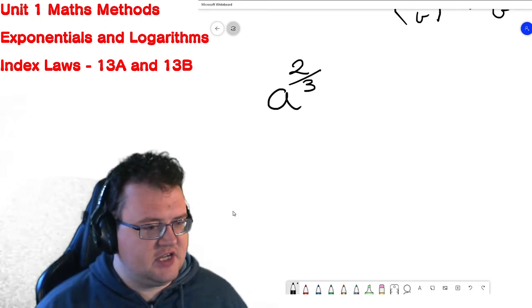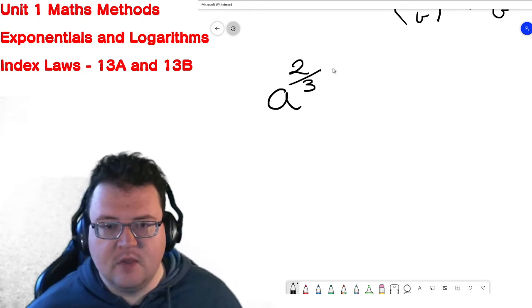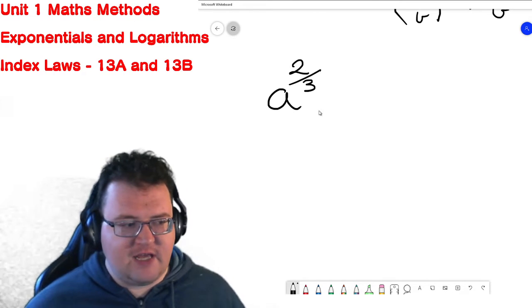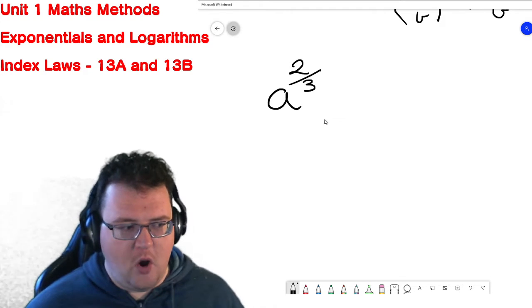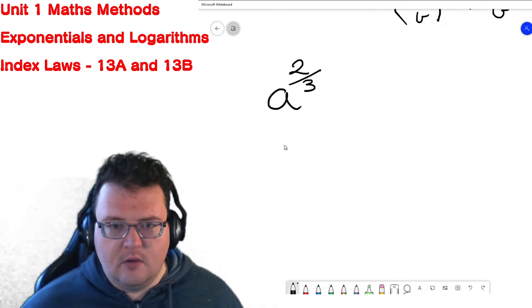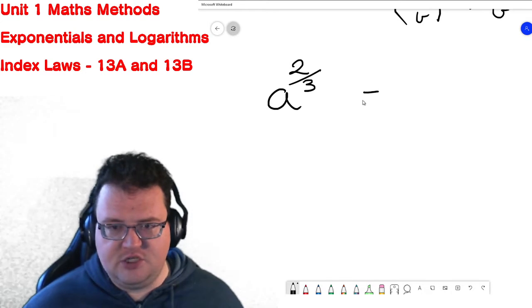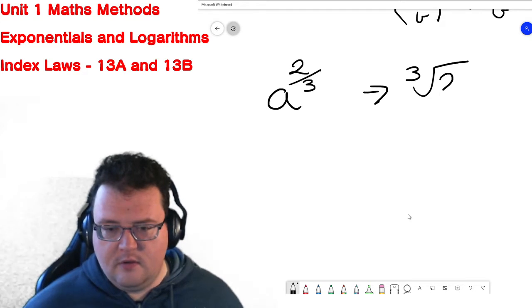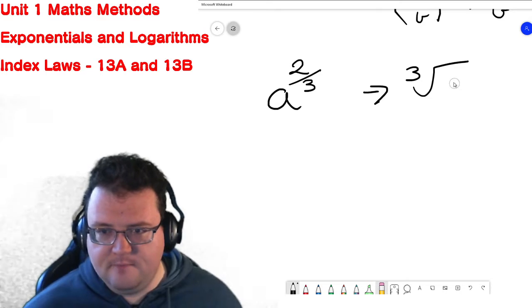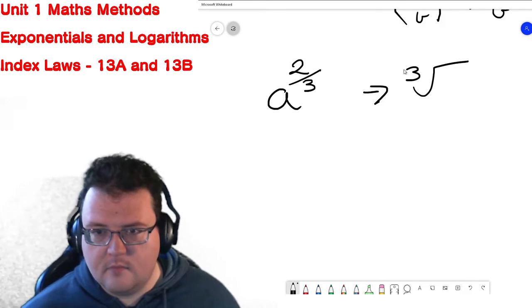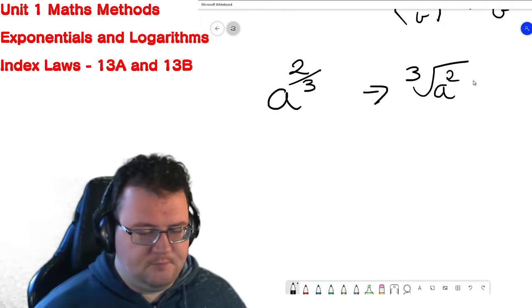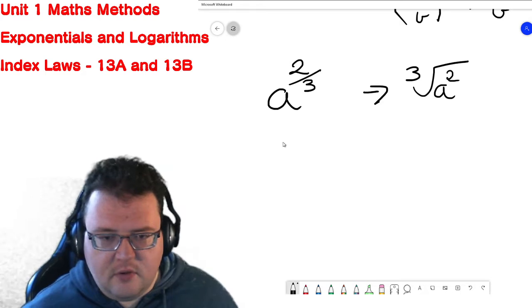There is a disembodied voice coming in and doing that for me. Thank you. So, what we can do is break this into its component parts. Just as a to the 2/3 can also mean, yes, you are correct, the third root of a squared. If I split this up, what am I actually doing?